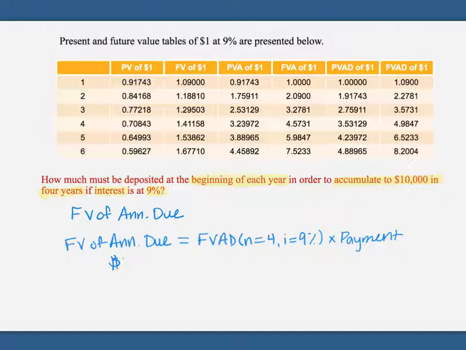So we have the $10,000 here that we're given in the problem. We can look at our future value of annuity due factor with 4 periods. It's going to be right here, 4.9847. We plug that in here, 4.9847. That's our factor. And then that's multiplied by the payment.